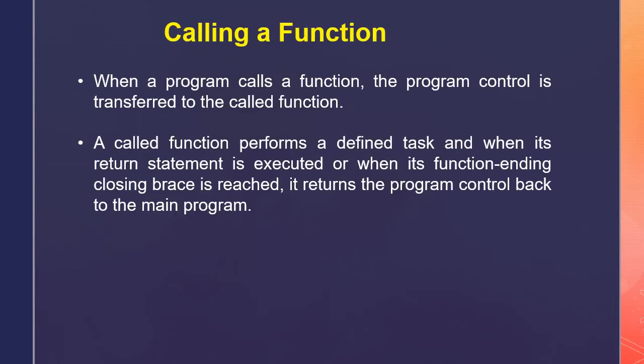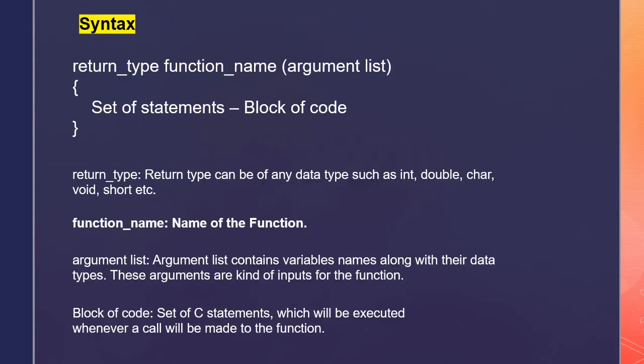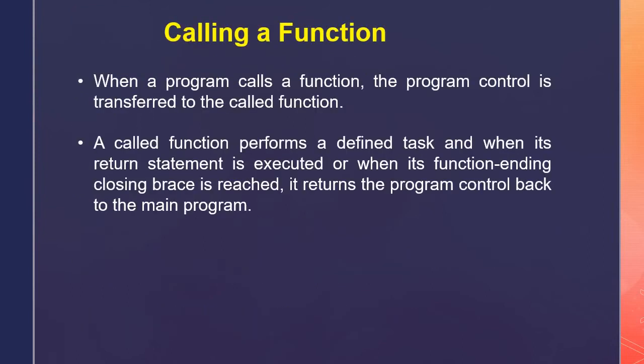Calling a function. What we have seen so far is defining the function. Calling a function means that I am telling it again and again; if I call the function, that calling area is called calling a function.